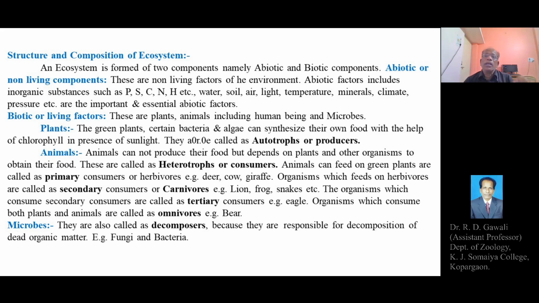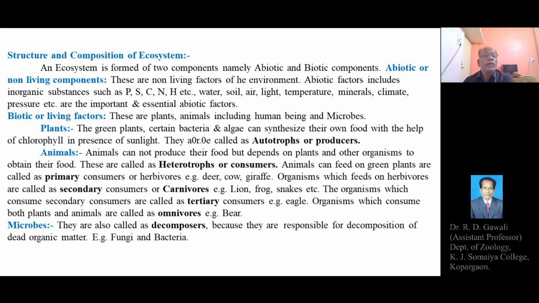So this is a kind of cycle, a regular process happening in any ecosystem, that is transformation of abiotic to biotic and biotic to abiotic factors. This occurs normally in the ecosystem and performs a particular biological function.